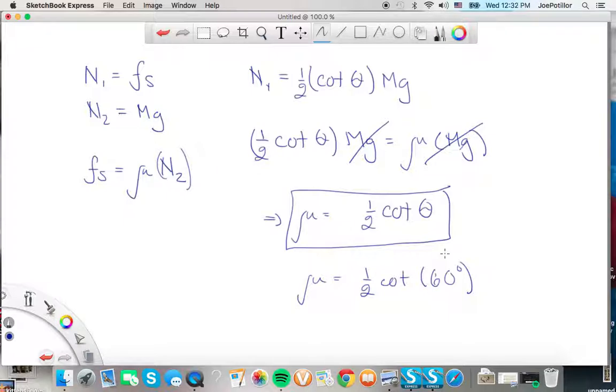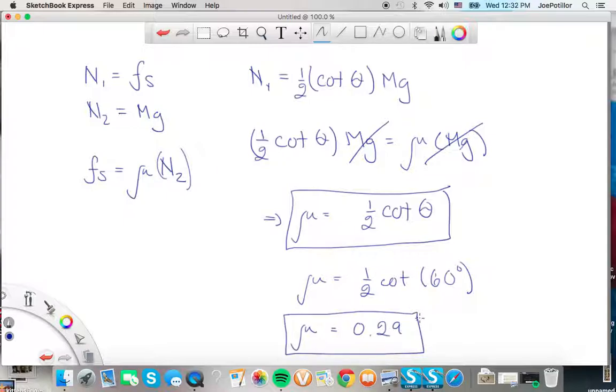Right, so 1 divided by tangent of 60 degrees is 0.577, times 1/2 is 0.29. And so after all this work, we're getting a coefficient of friction of roughly 0.29.